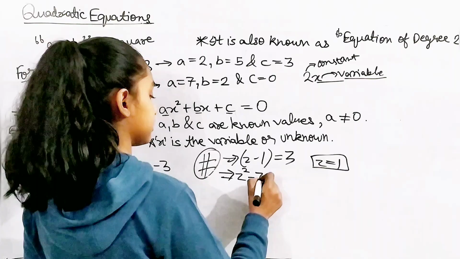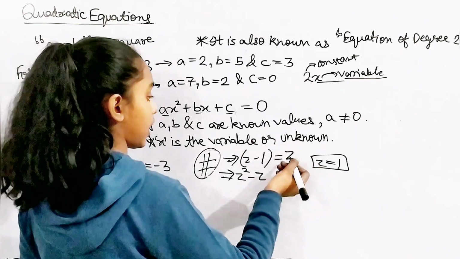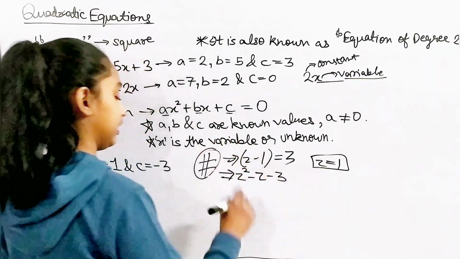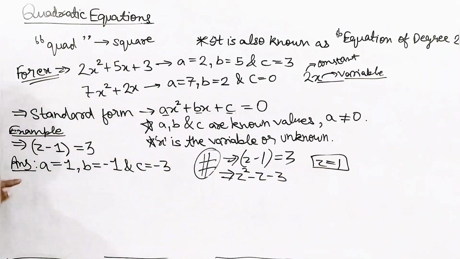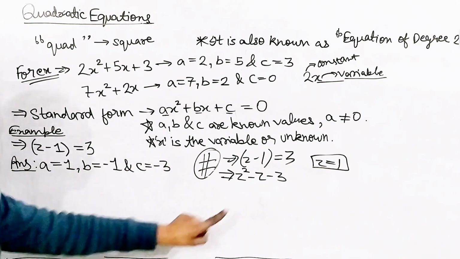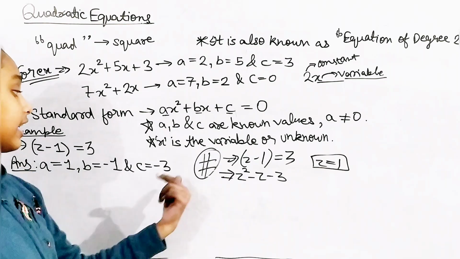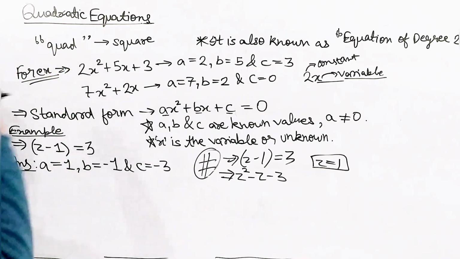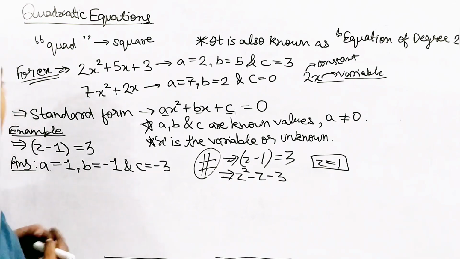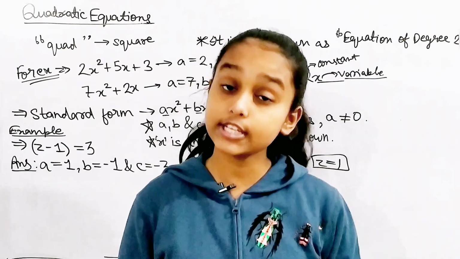So minus Z, and this I just moved here, so as it was positive, it's going to be -3. And this way I got my values, right? As 1 squared will be 1, -1, -1, and -3. So this is how I got my values, and that was super easy, a piece of cake, and we have finished it.